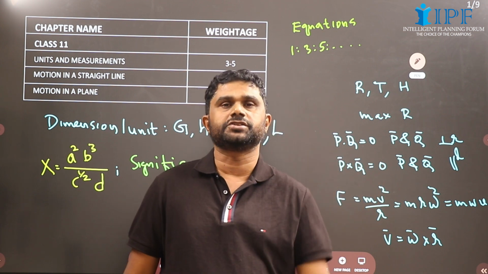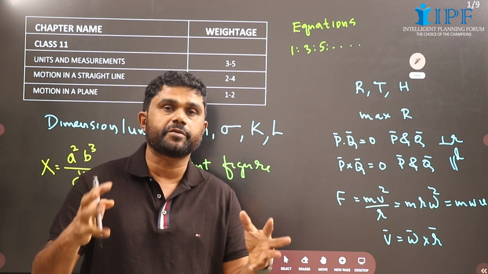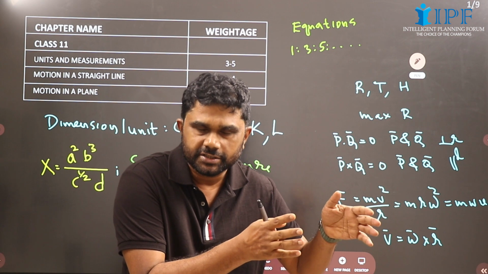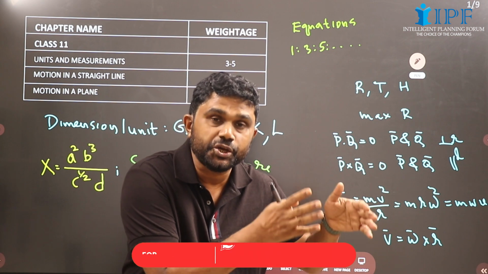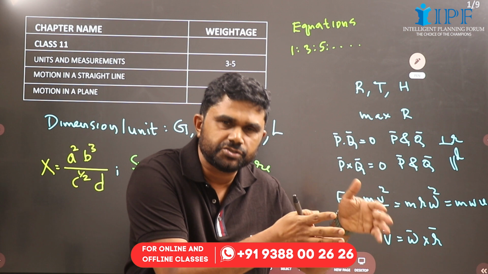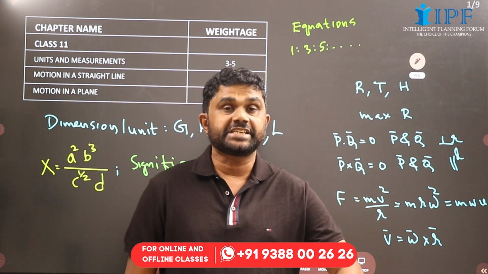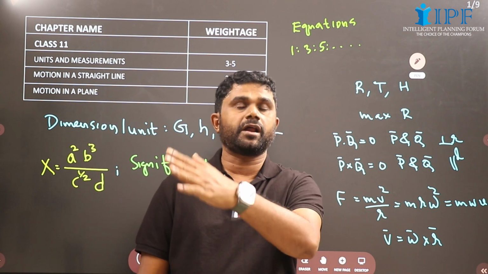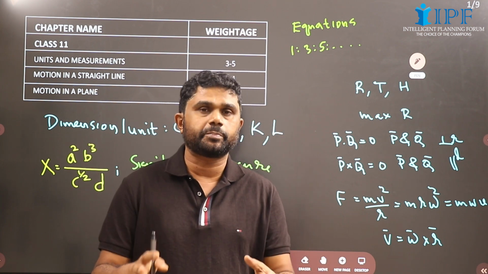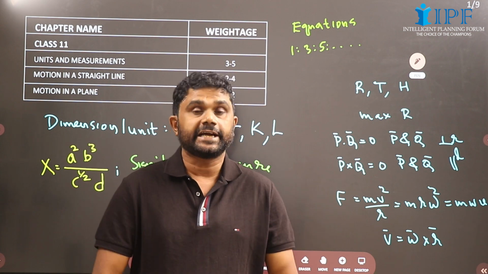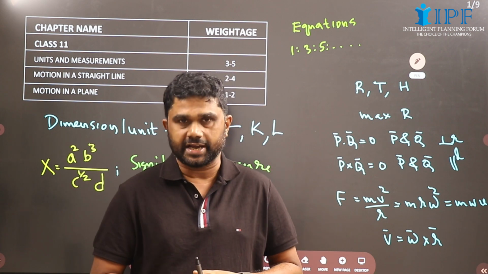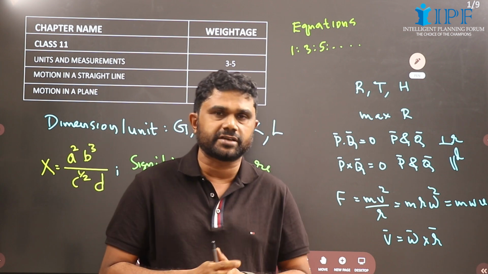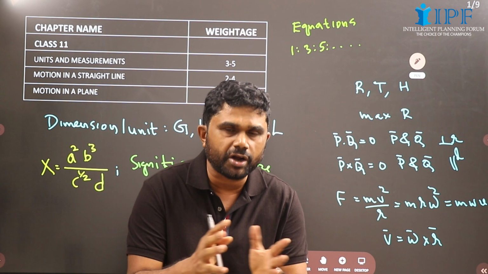There are two quantities that you will have to find out from a graph. The physical quantity represented by the area under the graph, that is equal to y into x, meaning the quantity along the y-axis into the quantity along the x-axis. The second thing that you have to determine from the graph is the physical quantity represented by the slope of the graph, that is delta y over delta x, the change in the quantity along the y-axis divided by the change in the quantity along the x-axis.